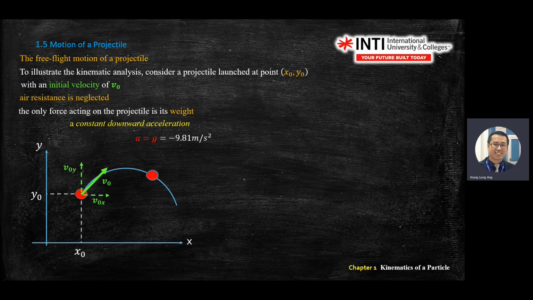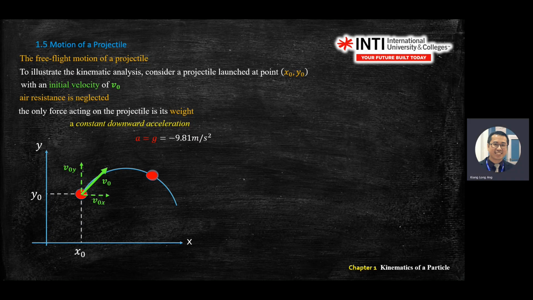In this case, your acceleration on the Earth is gravity. Most of the chapter 1 questions ask you to ignore the air resistance, so you only deal with gravitational force. The constant value we use here is 9.81, with the negative sign.